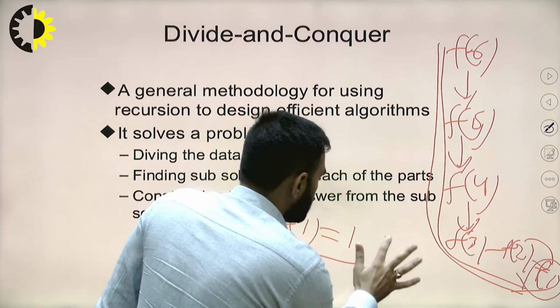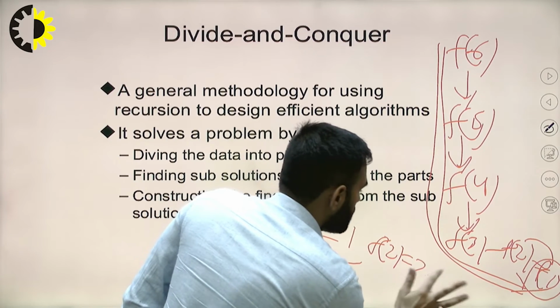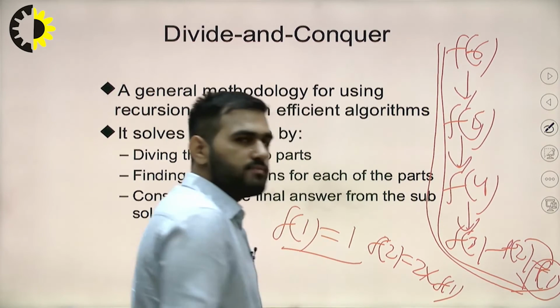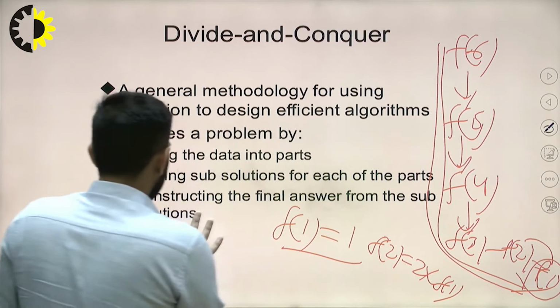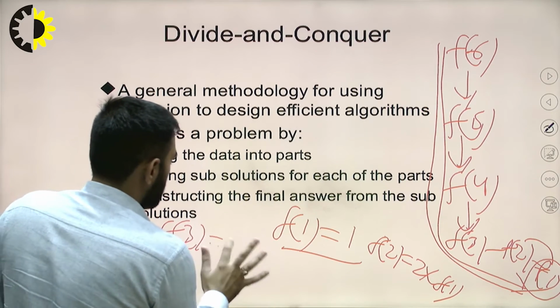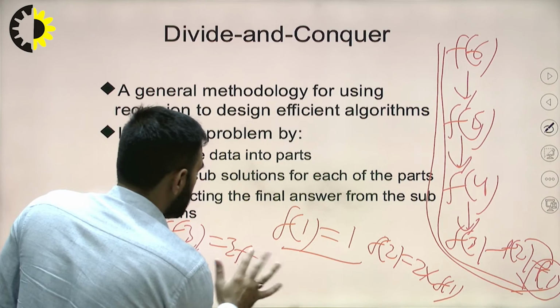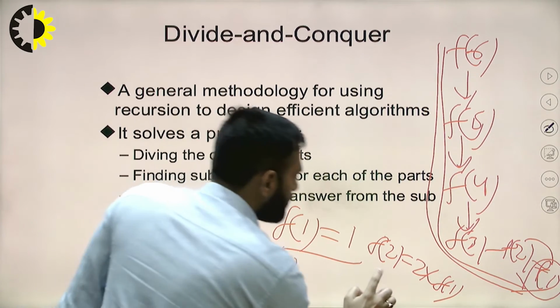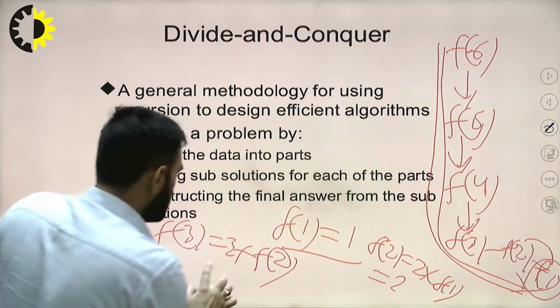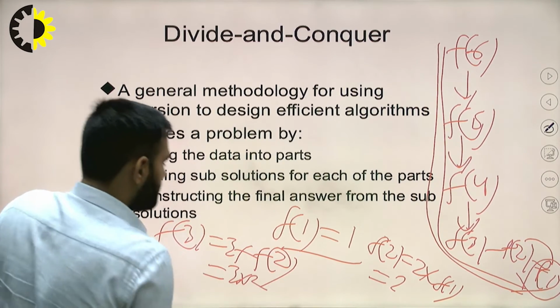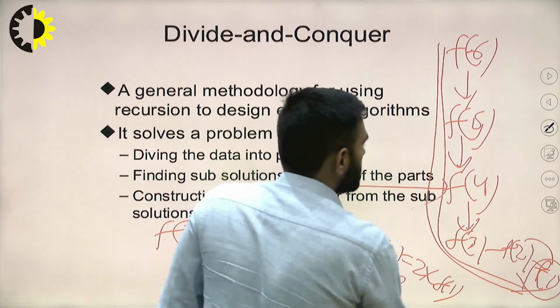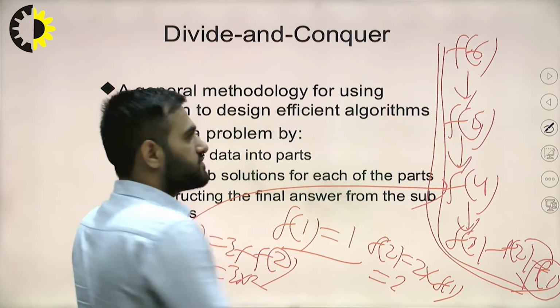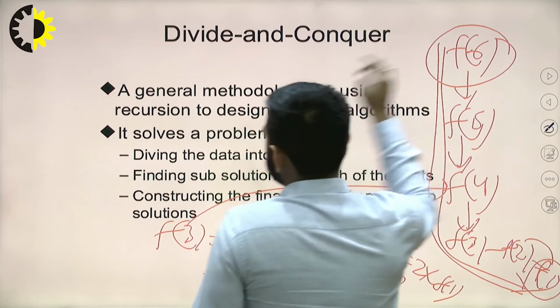F2 is nothing but 2 into F1. Clear? Next, F3 is 3 into F2. What is the value of F2 here? It is 2. F3 is 3 into 2. Now this value goes to F4 and so on. So we are recursively calling this.